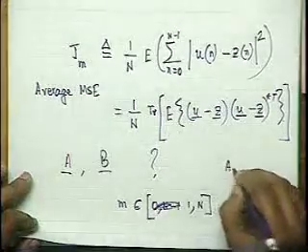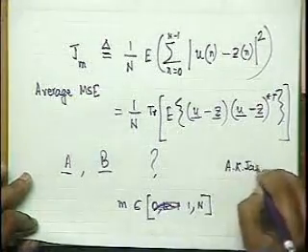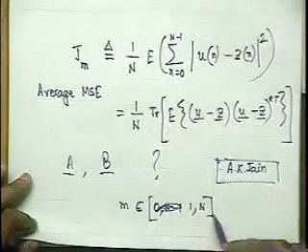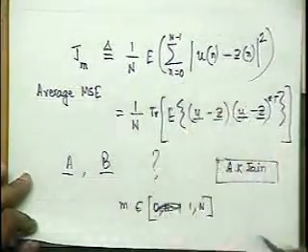I am not giving the proof over here, and if you are interested in knowing the details of the proof, it is very well given in A K Jain's digital image processing book. They have given the proof for this expression.